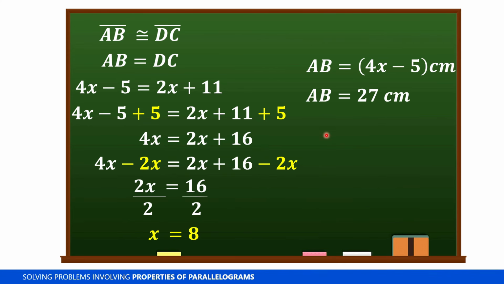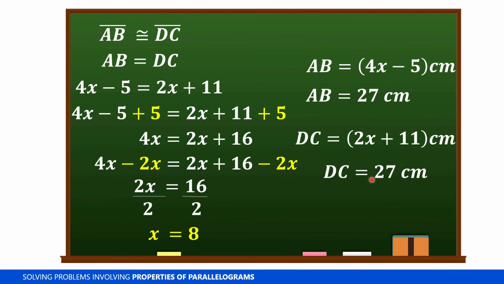Next, let's have DC. DC is equal to 2x plus 11. So if we substitute 8 for x, we have 2 times 8, which is equal to 16, plus 11, that is equal to 27 also. So DC is equal to 27 centimeters also.